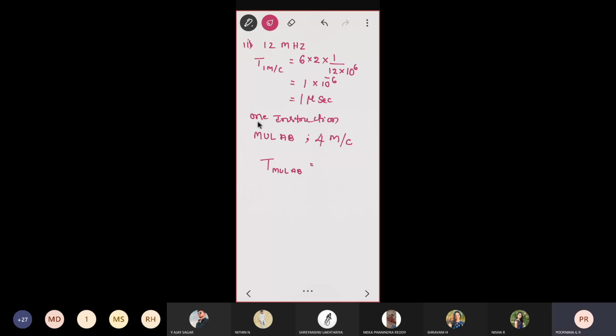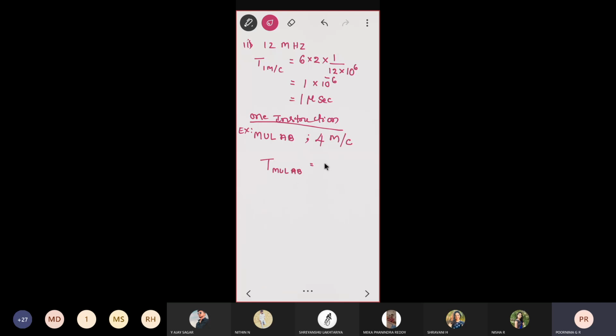For the second case, I am taking one instruction as an example, that is mul AB. How many machine cycles is this instruction using? It is using 4 machine cycles. Then I wanted to find out the total time required for this multiplication instruction to execute by the 8051.